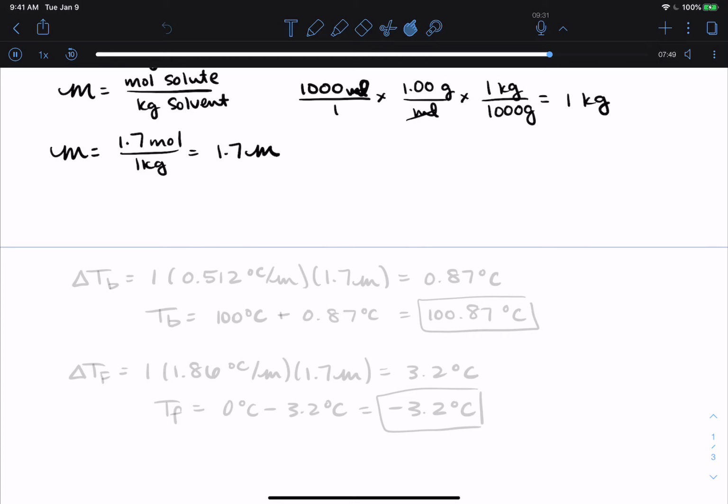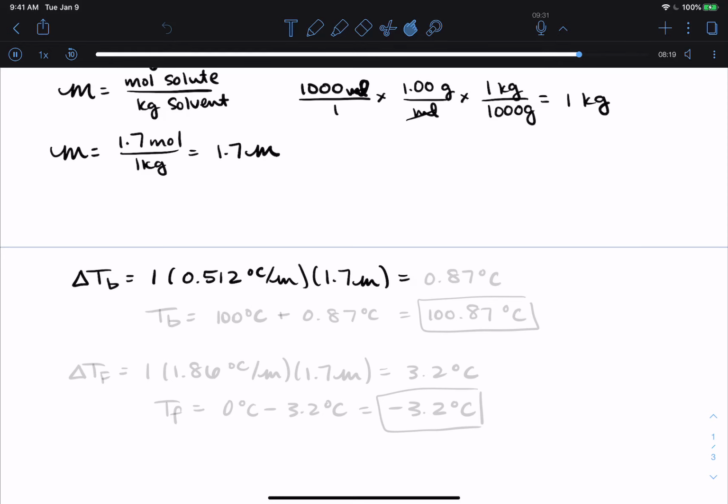So calculating change in boiling and freezing point. So my delta T_B, the i factor, it's a non-electrolyte. So my i factor is 1 times the boiling point constant, which is 0.512 degrees C per molal, times the molality, which is 1.7.